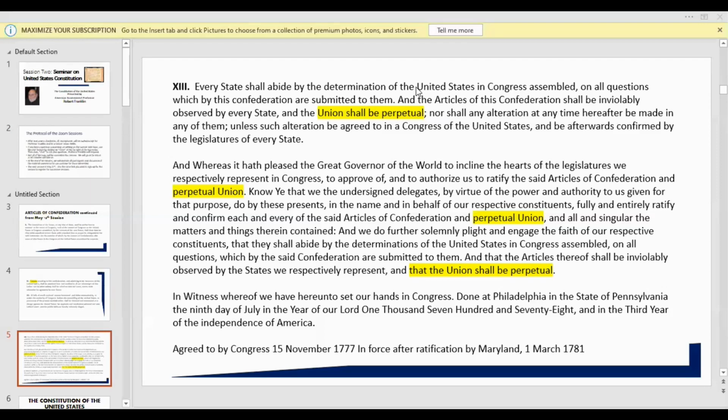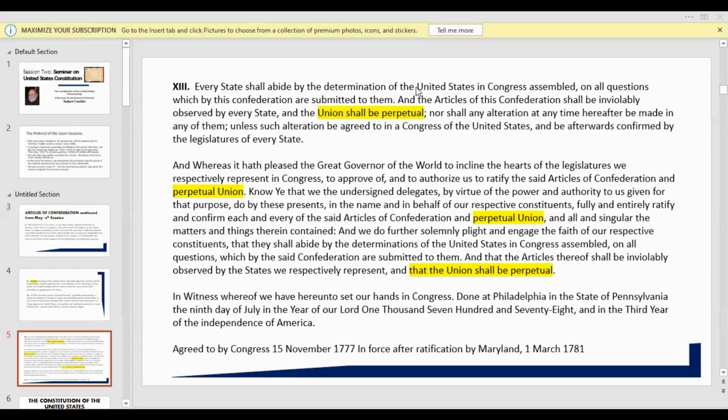So the states were wondering, why should we ratify and join this? If it fails, the king is going to be angry at us, and maybe we should hold off. And so it took until 1781 for nine states to ratify it.